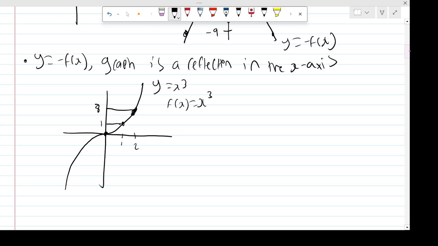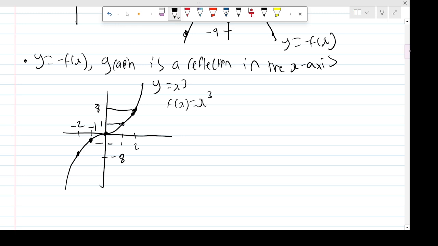And then I'm going to do the negative side as well, because obviously we're considering negatives. It makes sense to consider the negative side of the graph. So firstly, let's consider -1 here. That would be on this point here, but then that will also be -1, because -1 cubed is also -1. And then -2 down here would be here, and that would be -8. So again, I've got some points to consider, right?